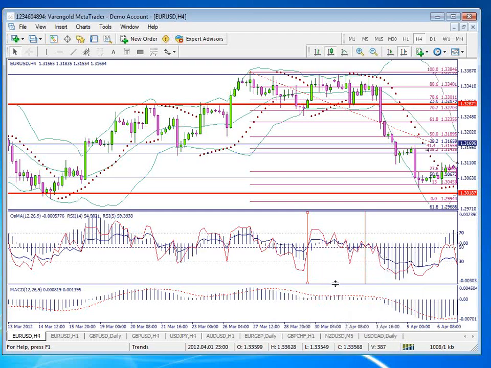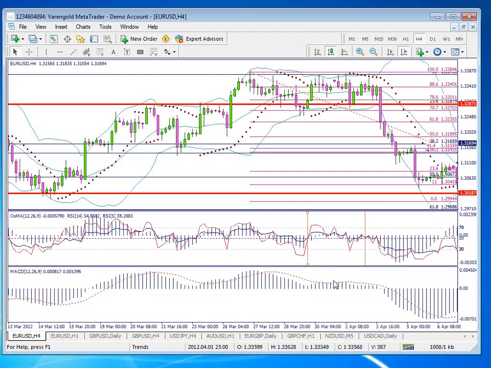Also on the MACD, the red line went out from the histogram, a new signal, a new confirmation for sell. So we are looking for the pair to probably test again that 100 level and then go into one sell.